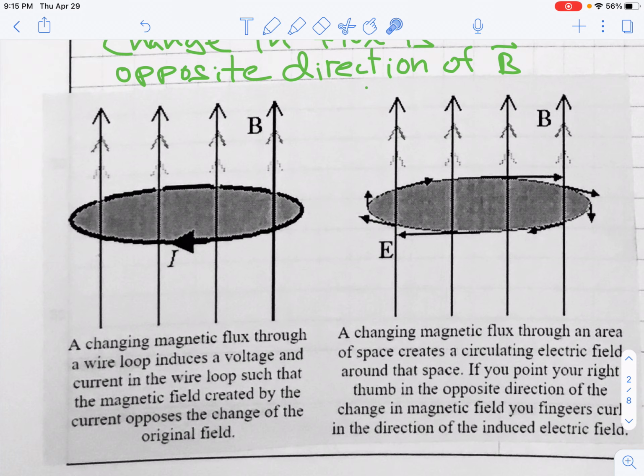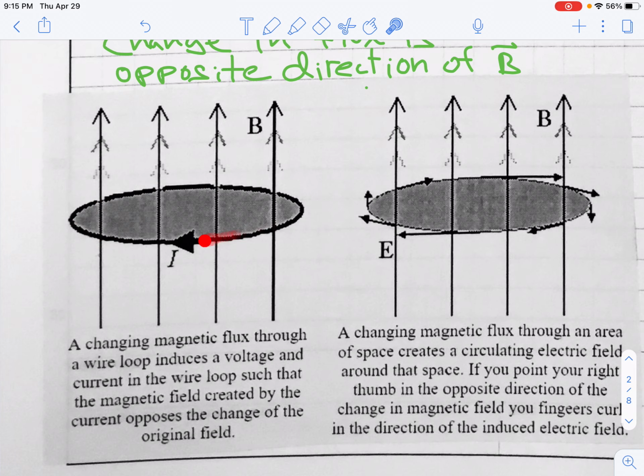So if you remember the right-hand rule, if we have a current going, this would be clockwise from above, to find the direction of the magnetic field that this current would create, you curl your fingers in the direction of current and your thumb will point down. And notice that when your thumb points down, it opposes the growing magnetic field upwards. That's the idea. It's always going to create a current such that this current creates another magnetic field which opposes the change in the original one.